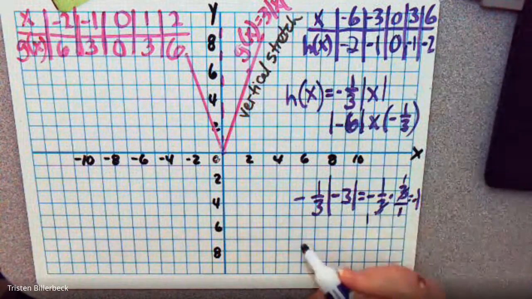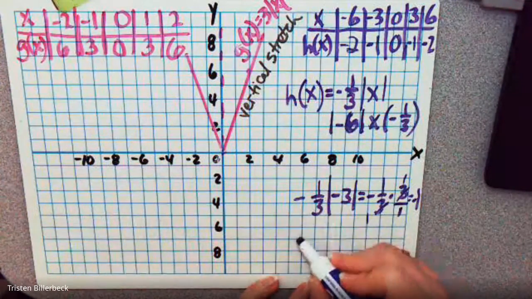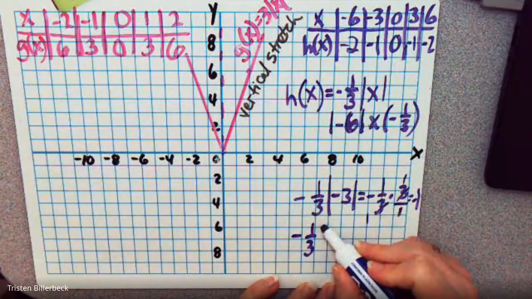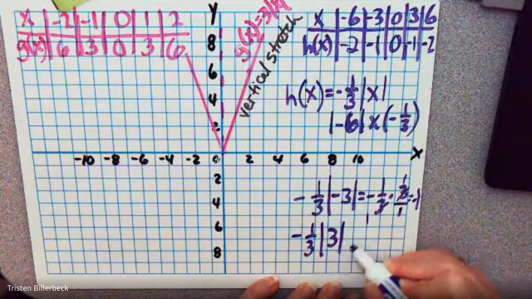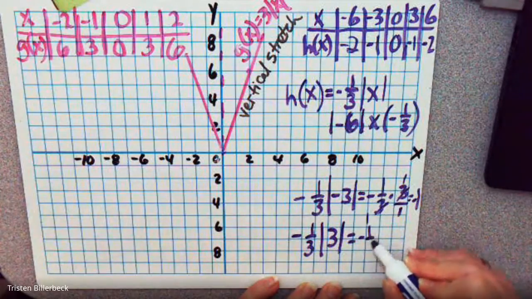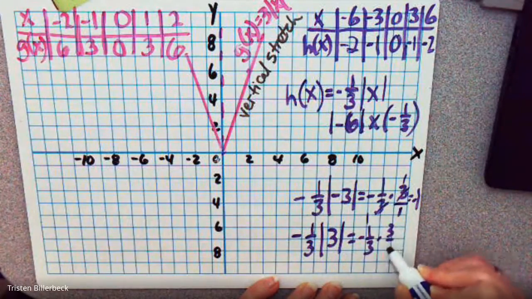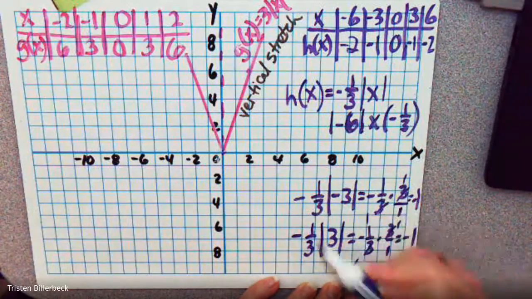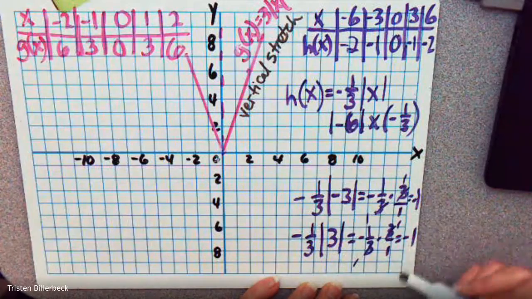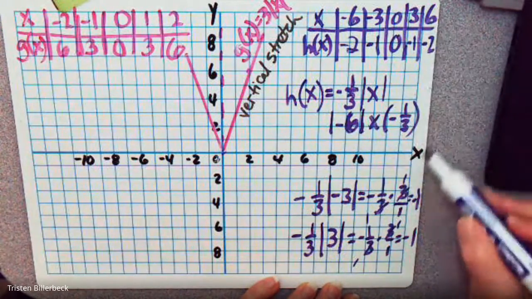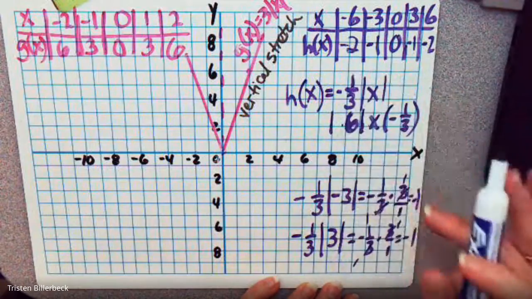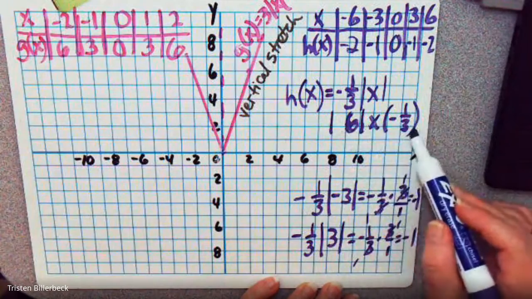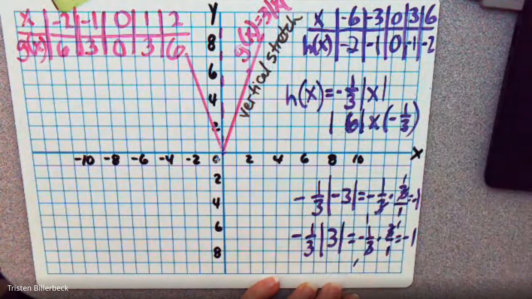But let's just do a few of these really quickly. So negative 1/3 times the absolute value of 3 is negative 1/3 times 3 over 1, which gives us negative 1, just like above. Okay? So if we did the same thing with 6, we would just get the 6 times negative 1/3, which would just be negative 2.